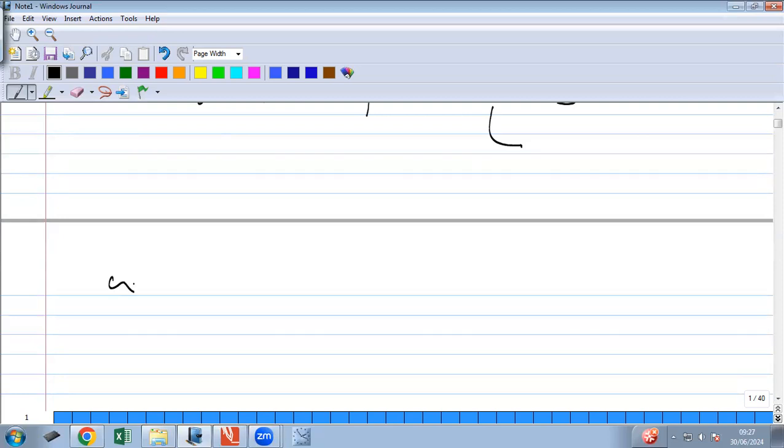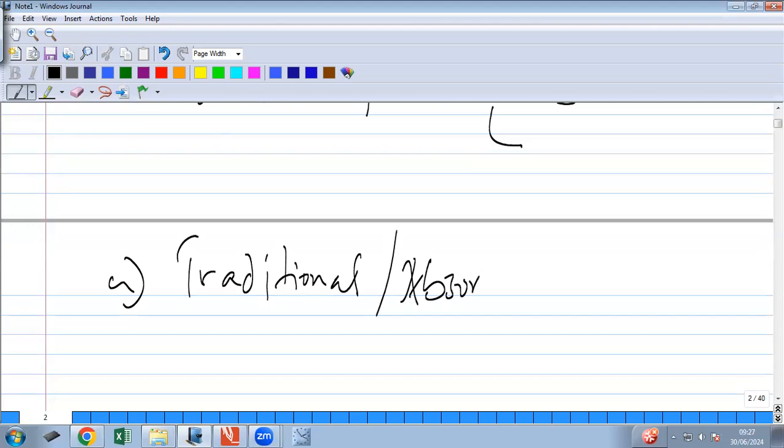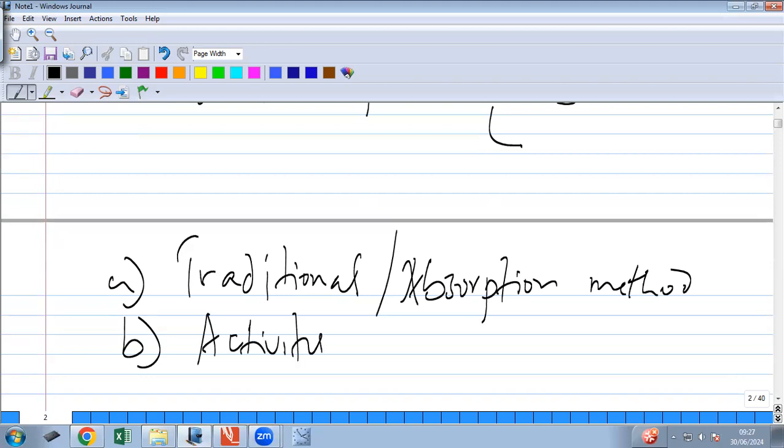And these include: one, we have the traditional, or what we call the absorption method. Two, we have the activity based costing.